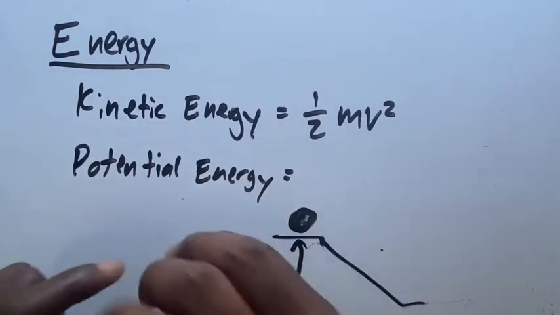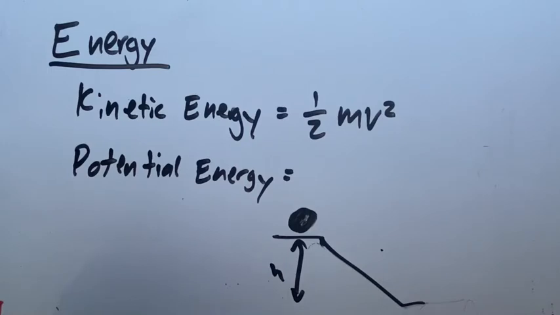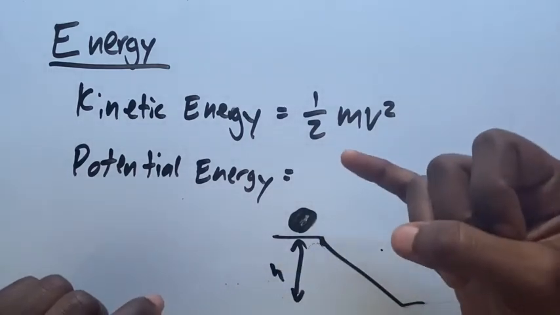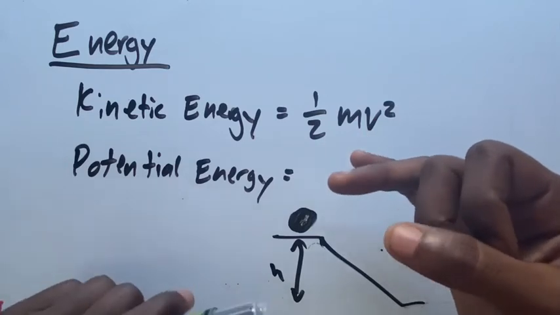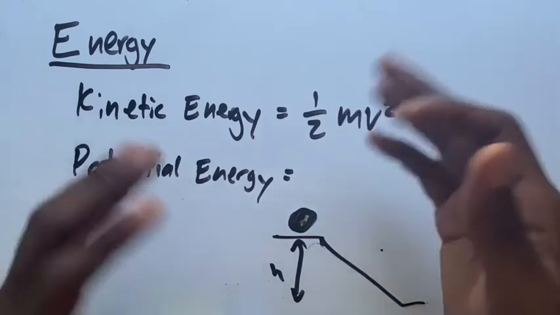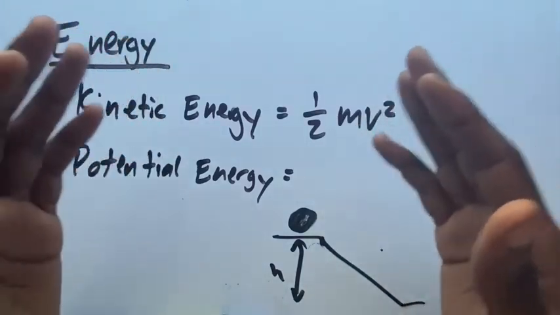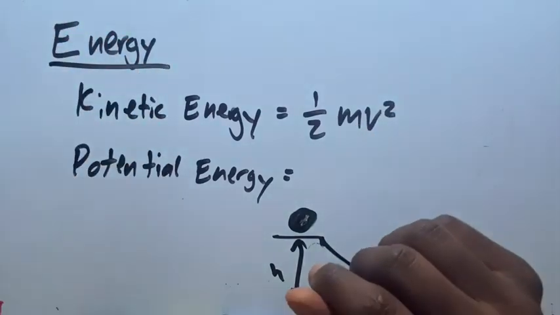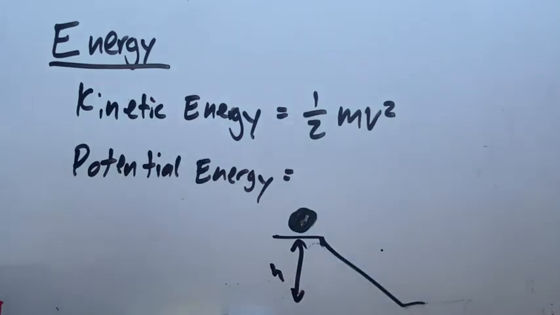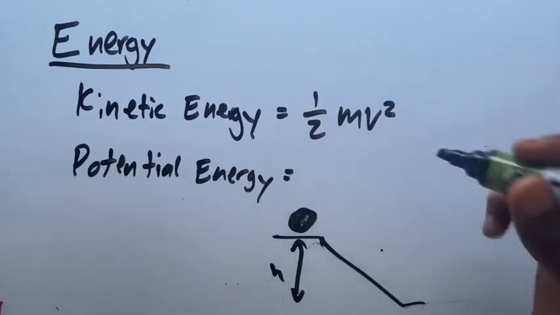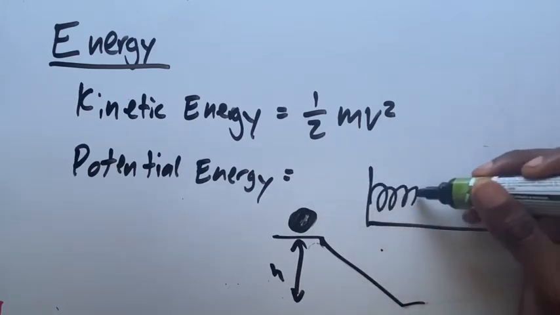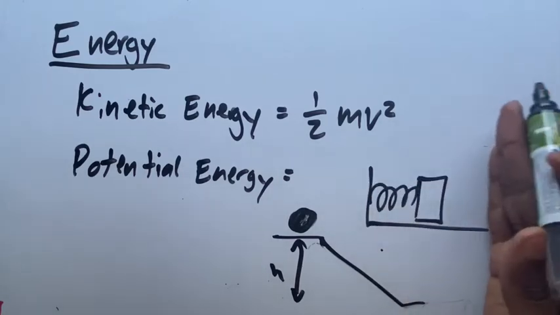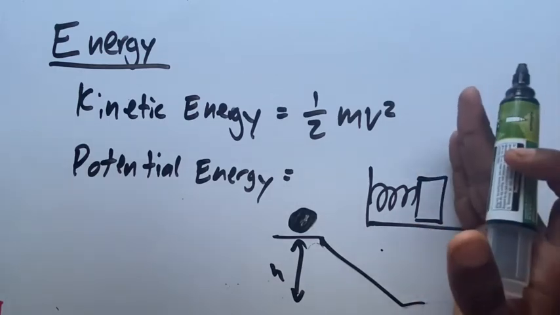There are basically different kinds of potential energy. There is gravitational potential energy. There is elastic potential energy, which is kind of like the potential energy in a spring. Let me just draw it out. If you have a spring, let's say this spring is pushed in to where I have that box right there.